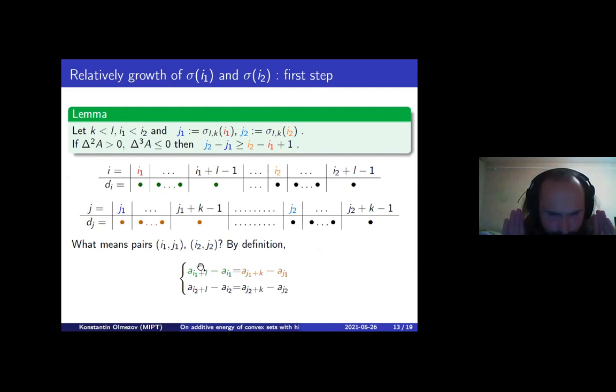We have two equations. The first is between the sum of green points and the sum of orange points, and two solutions that have almost the same structure.